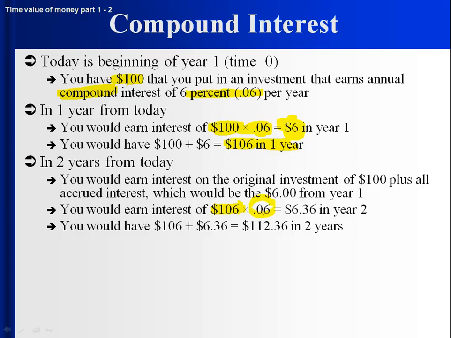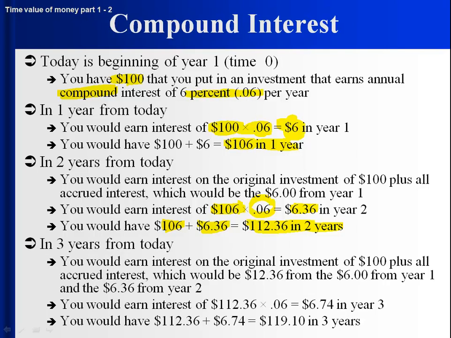So in the second year, the bank says, okay, we're going to pay you $6.36. $6 of that's the interest on the original 100, but there's that 36 cents, which is the 6% on the $6 that you accrued last year. So you started with 106. You got 6.36 at the end of 2 years. In 2 years from today, you have $112.36.